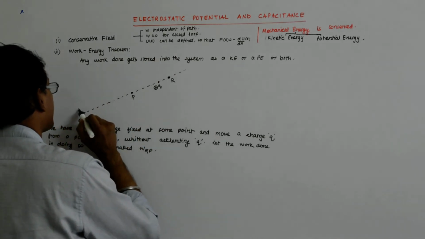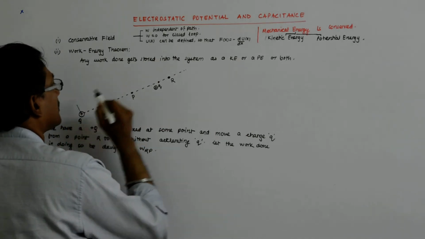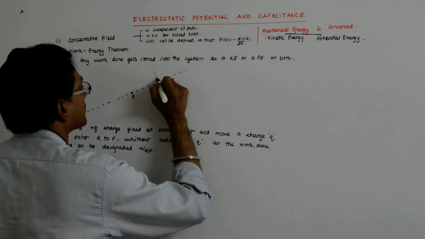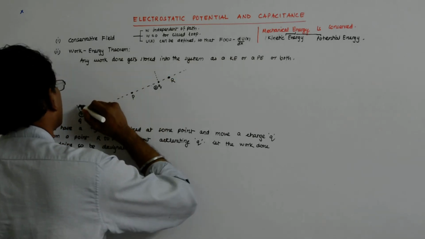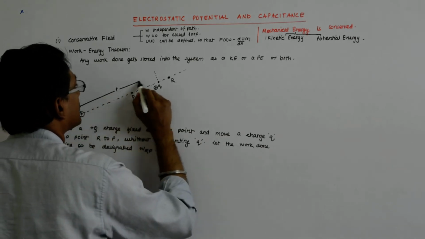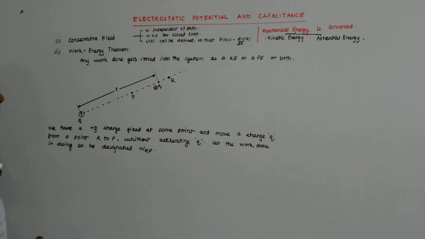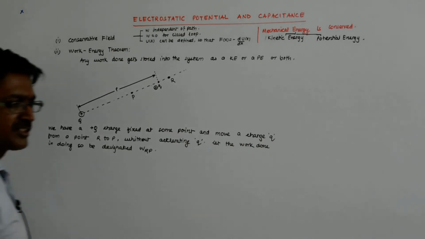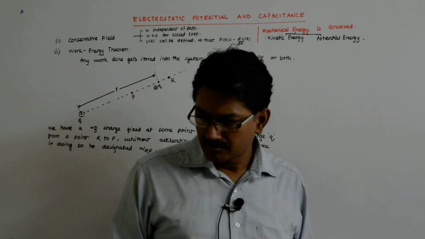Say if this distance is r, then my force is actually dependent on that r. Understand that?